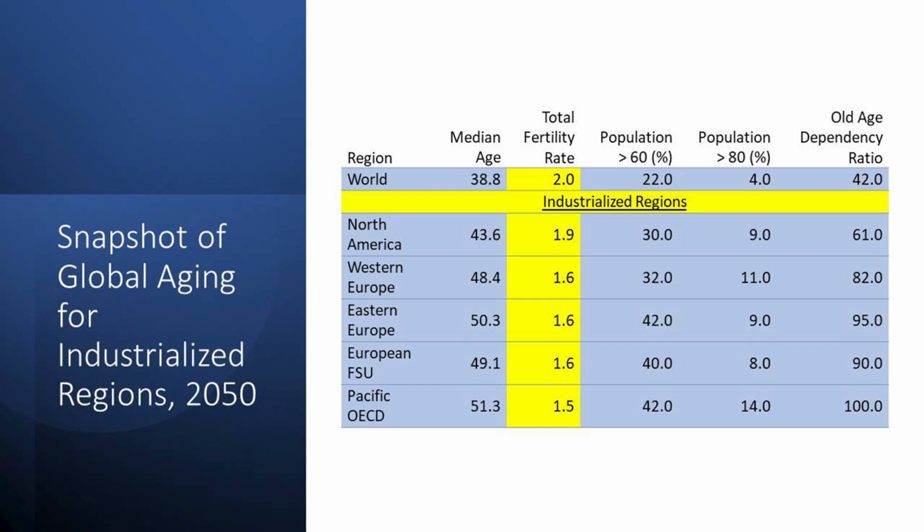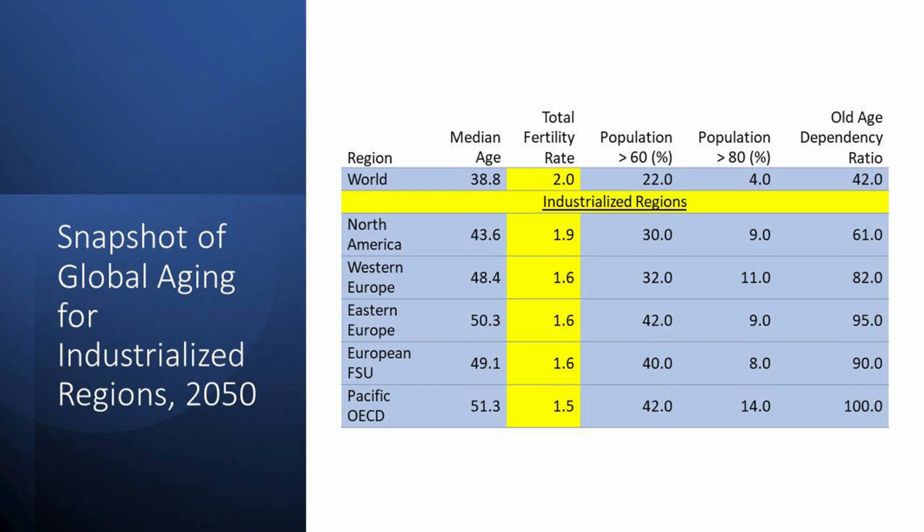Snapshot of global aging for industrialized regions. Again, it looks pretty much the same. Everyone is below replacement rate, which is 2.1. Snapshot of global aging for developing regions. We have sub-Saharan Africa, which I just showed you above, North Africa, the Middle East, Central Asia.